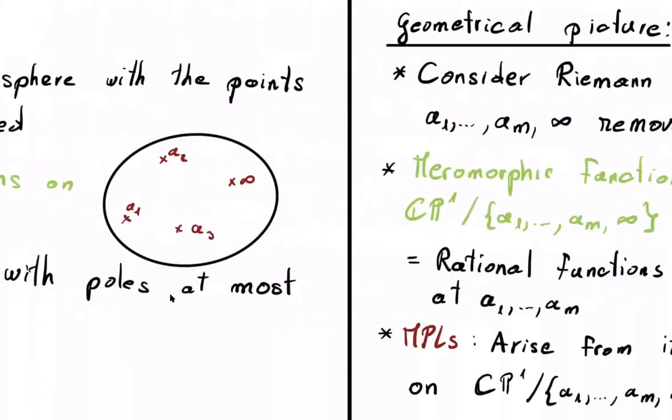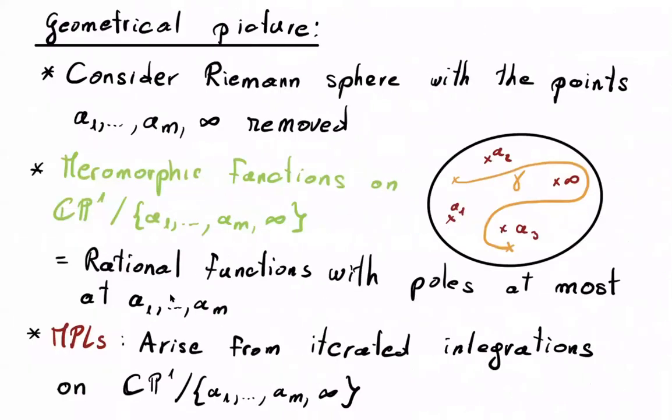And now you take a path and you integrate some rational function on this space along this path. By the argument that I just gave, you can easily see that such an iterated integral along this path would always be expressible in terms of rational functions and multiple polylogarithms.